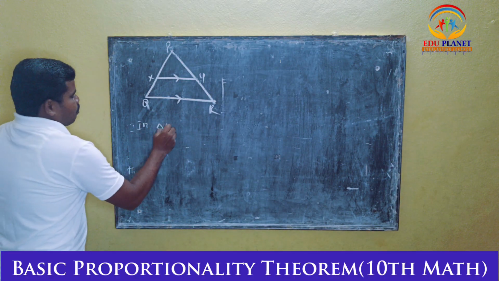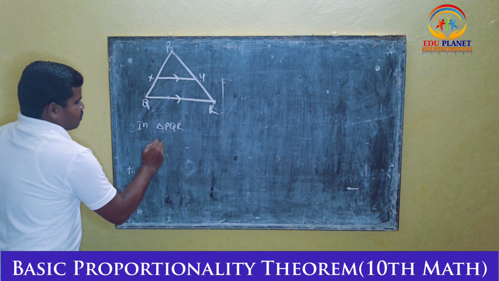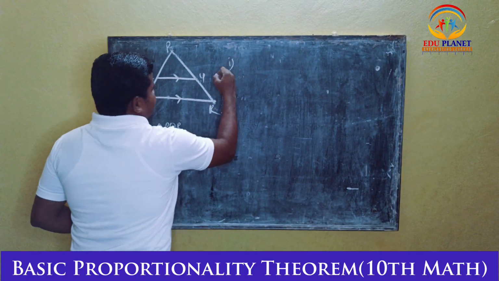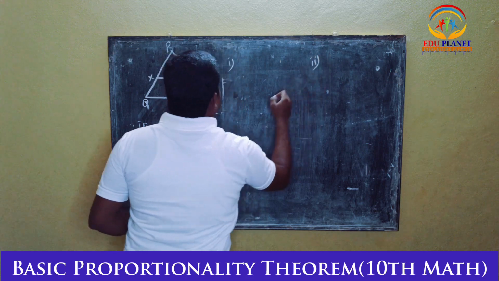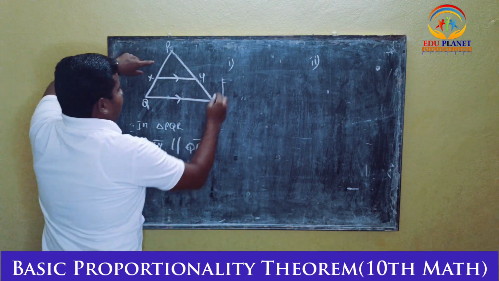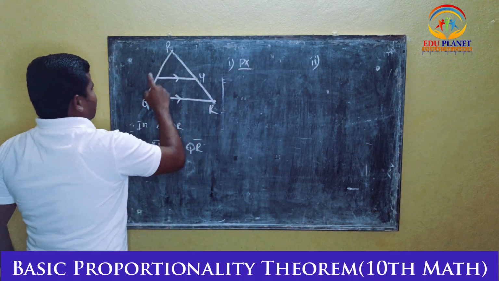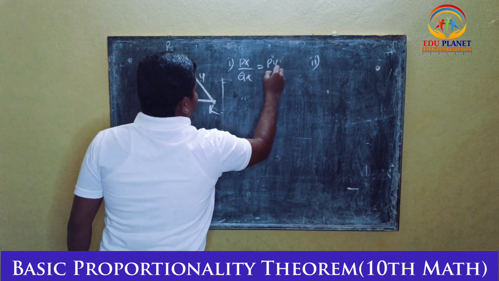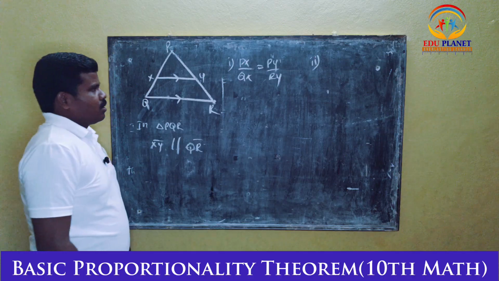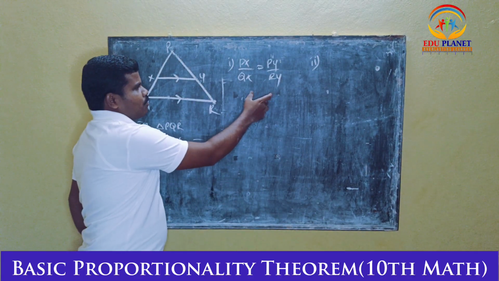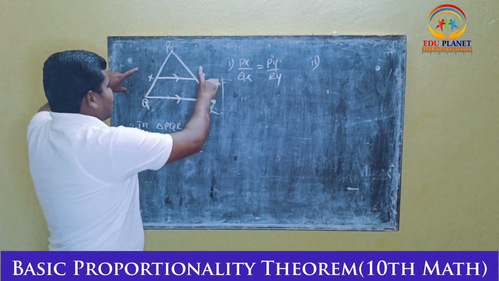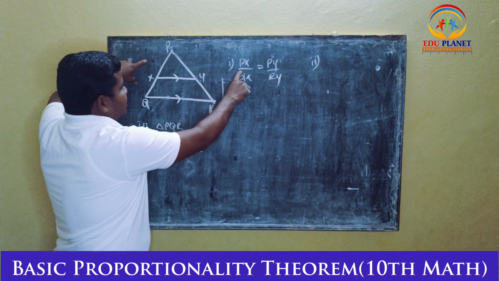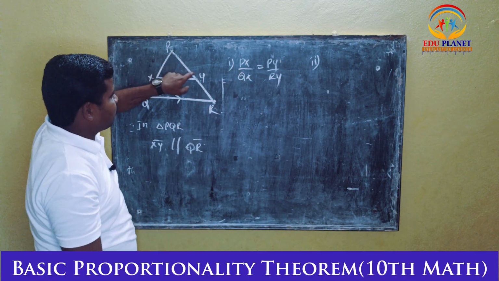In this triangle PQR, XY is parallel to QR, then the first situation would be PX by QX equals PY by RY. Simple, by using the BPT rule, easily we can write that the remaining two sides will be divided in the equal ratio, that is PX by QX equals PY by RY.